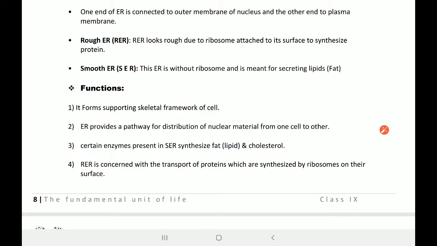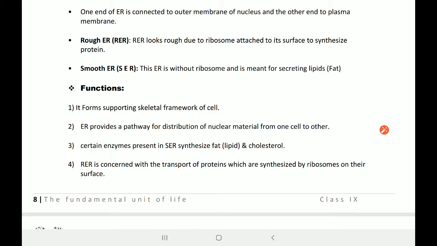So it provides a pathway for the transportation or distribution of the nuclear material, right? Nuclear material means of course ribosomes, proteins, synthesized protein, chromatin material. It even plays a very important role in sending the nuclear material from one cell to another cell, right?